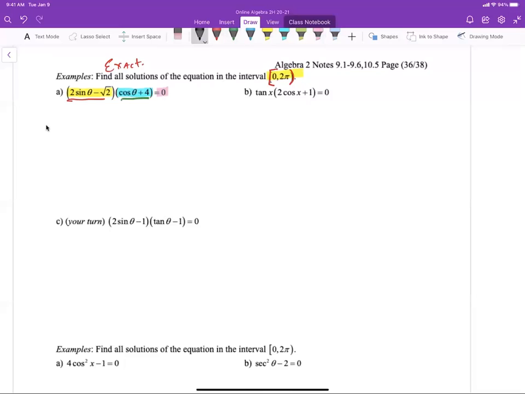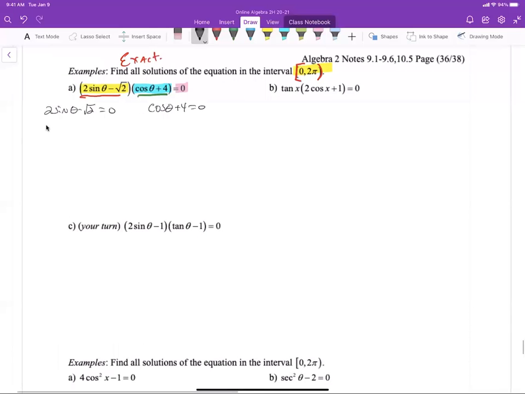I can set 2 sine theta minus the square root of 2 equal to 0 and find the values of theta that make that true. And I can set cosine theta plus 4 equal to 0 and find the values of theta that make that true. Now, this is basically what we did yesterday.